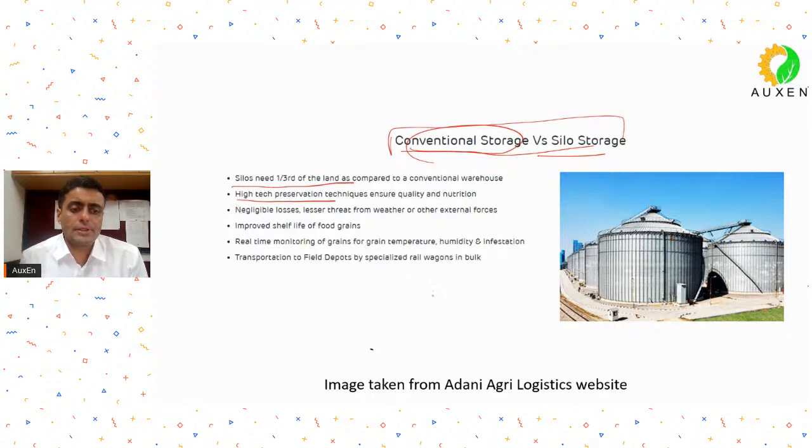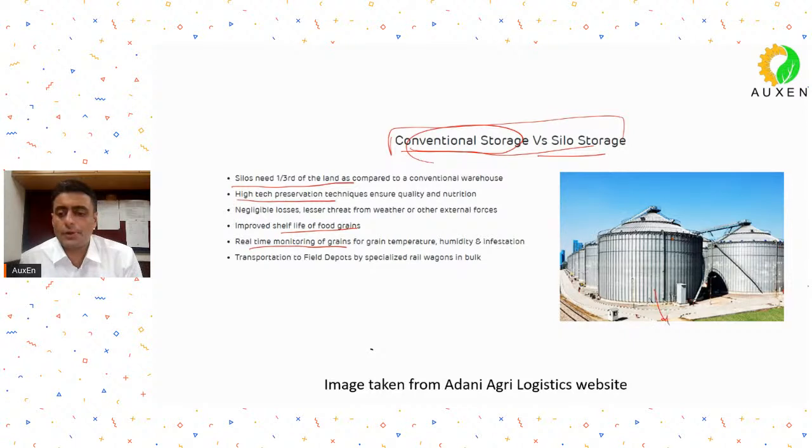There are negligible losses, improved shelf life. You can store grains for a very, very long time. You can do a lot of real time monitoring. There are a lot of sensors that they put, and you can check the temperature, humidity. You can check against any infestation, etc. And the transport is also quite easy.